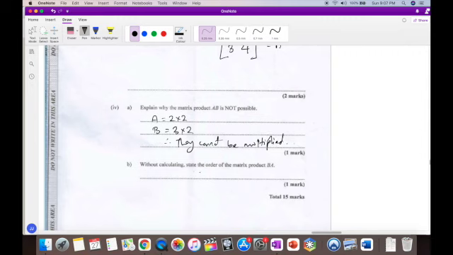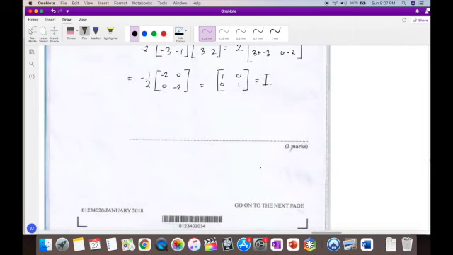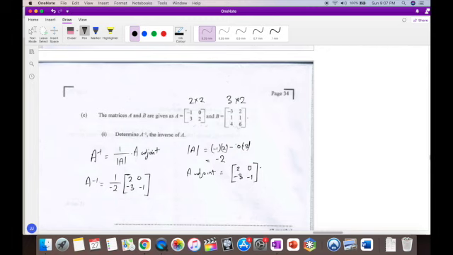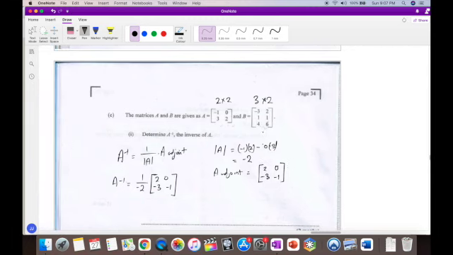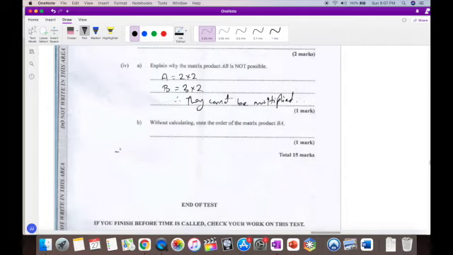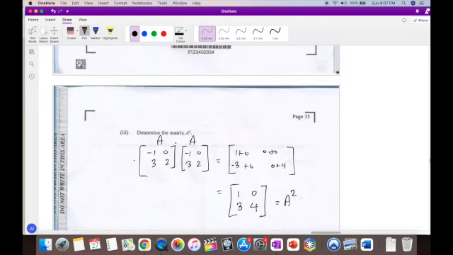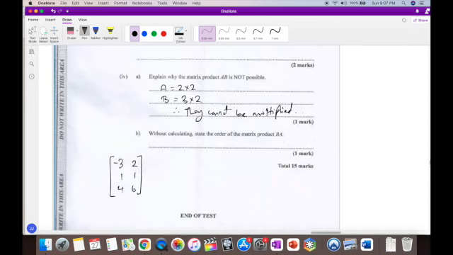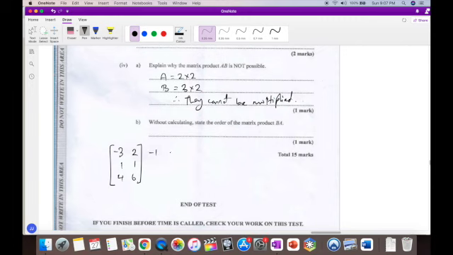Okay? Without calculating, state the order of the matrix product BA. So what is B? B is negative 3, 2, 1, 1, 4, 6. And then the matrix A is negative 1, 0, 3, 2.